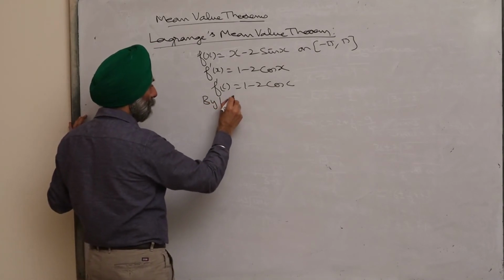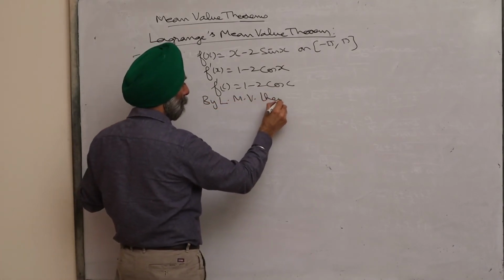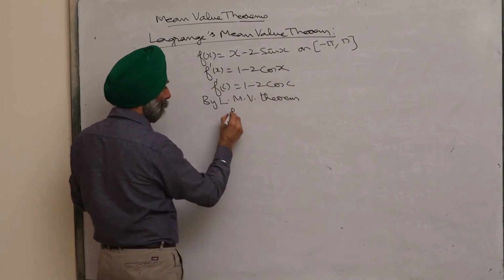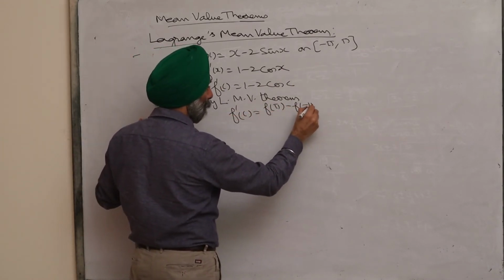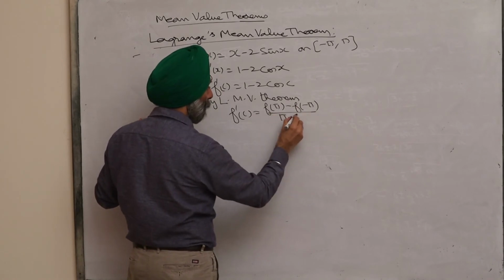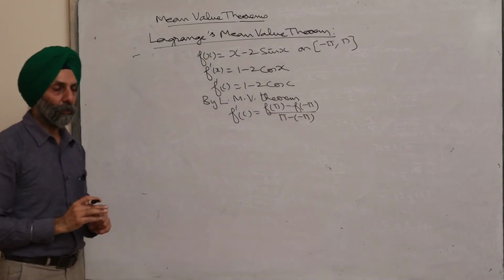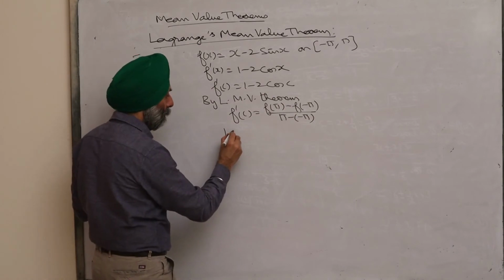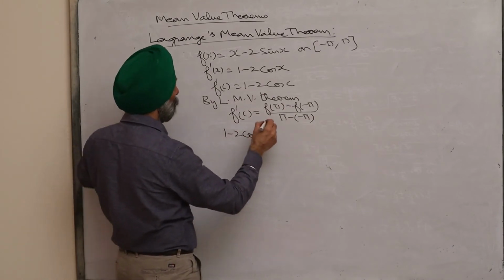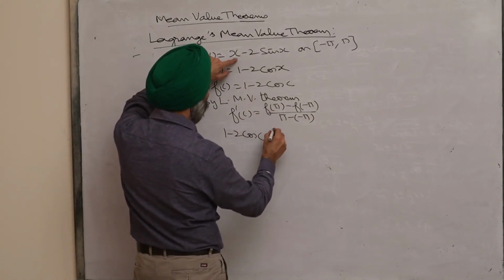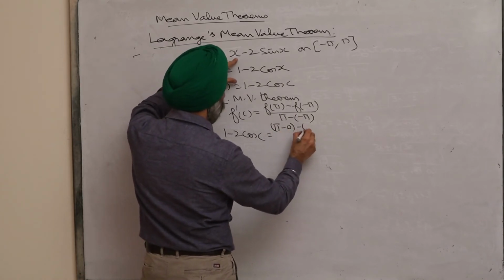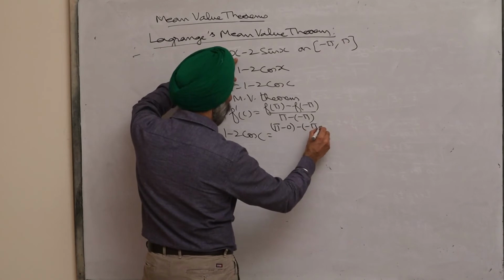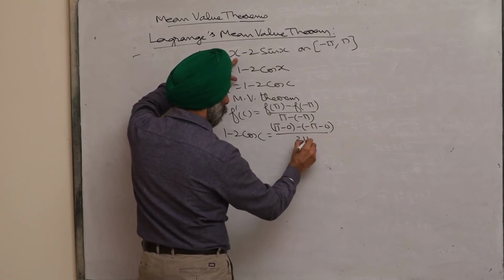By Lagrange's mean value theorem, f′(c) = (f(π) − f(−π))/(b − a). Am I right? So 1 − 2 cos c is equal to f(π), it is π − 0, minus f(−π), it is −π and minus 0, upon 2π.